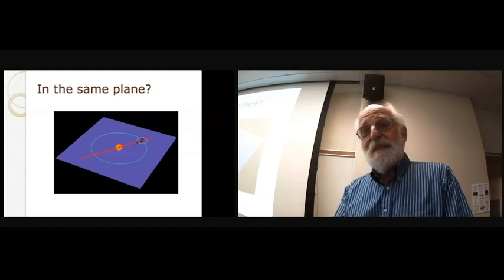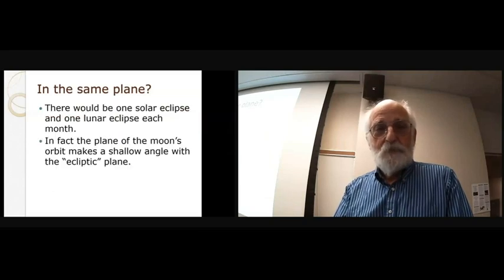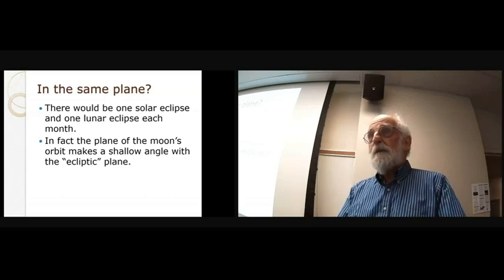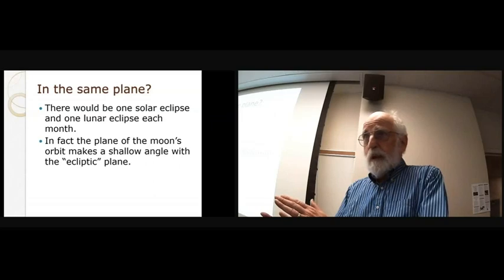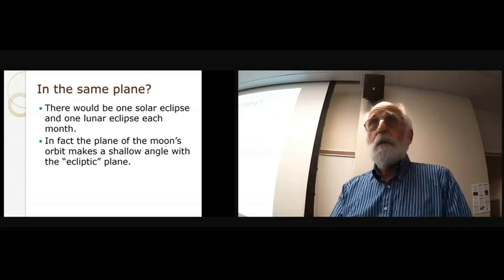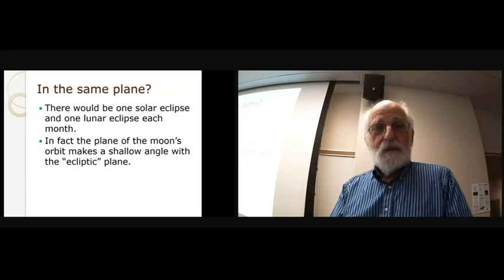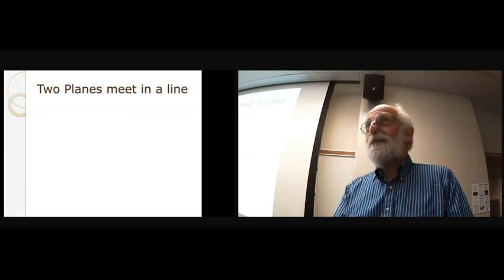But it turns out they're not in the same plane. In fact, the plane of the moon and the plane of the sun make a rather shallow angle of about 5 degrees. Now we get a little Euclidean geometry.